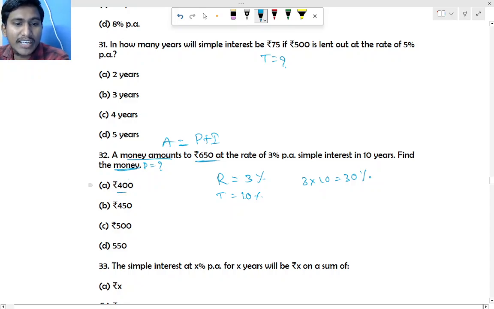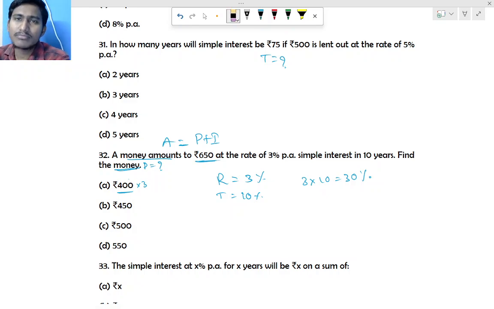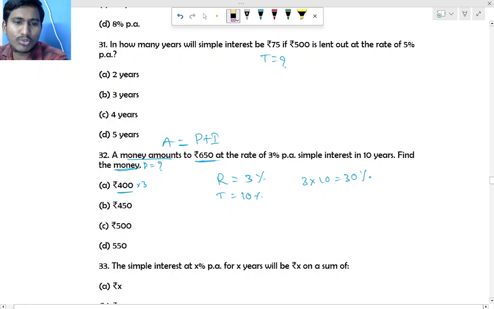So here 400, 30% will be how much? 30% means multiply with how much? Yes, 3 by 10 we have to multiply. 3 4s are 12, and 1 zero cancels because 30 by 100, right? That is why 40 it will become 120.